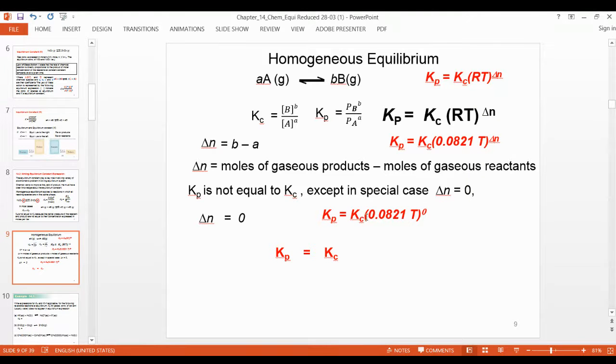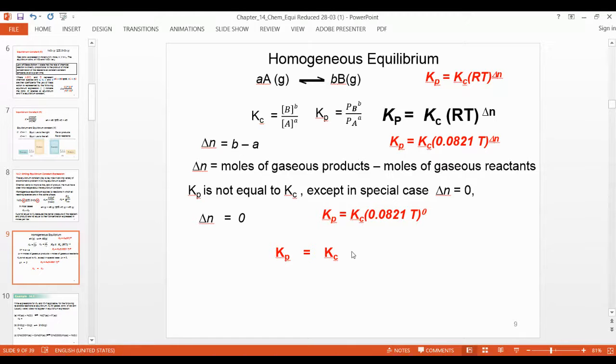So total is 1 multiplied by Kc, so Kp is equal to Kc. So the question may be asked, just prove how this Kp is equal to Kc. So the answer is only, for a chemical reaction, if delta n is equal to 0, then Kp is equal to Kc. That's all. Yes, question please.